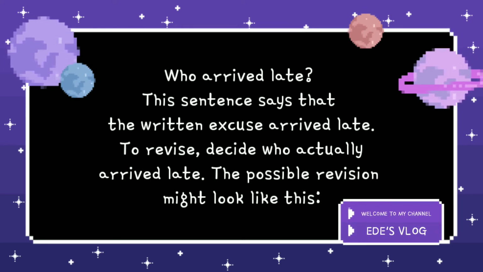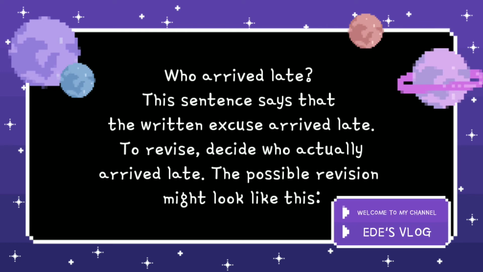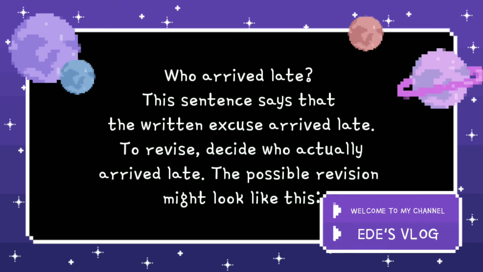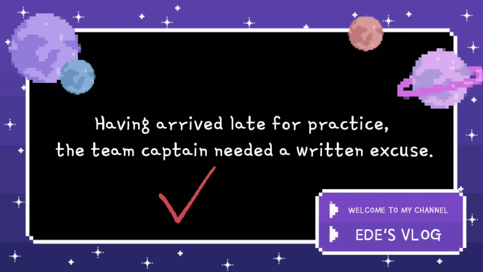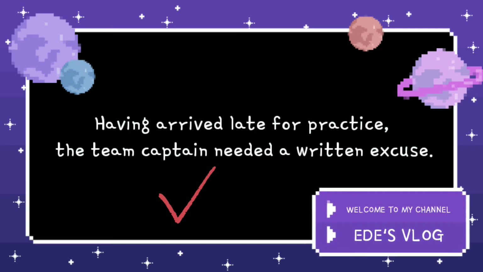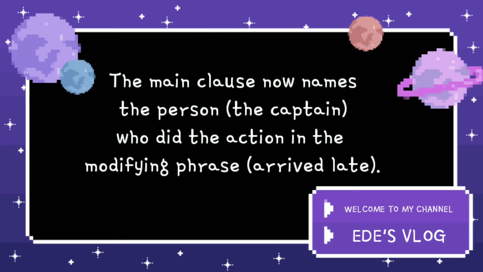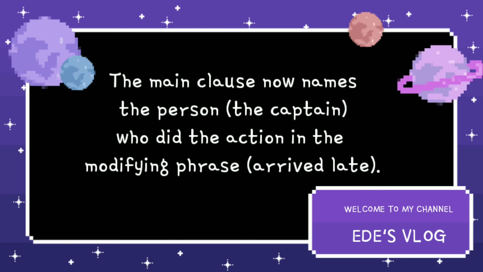To revise, decide who actually arrived late. The possible revision might look like this: Having arrived late for practice, the team captain needed a written excuse. The main clause now names the person, the captain, who did the action in the modifying phrase, which is arriving late.